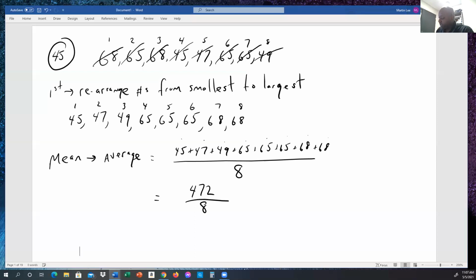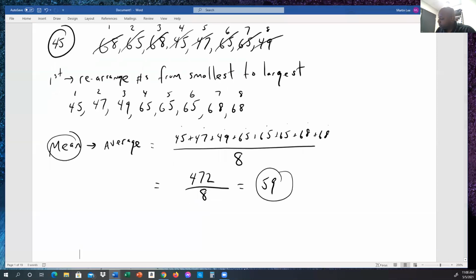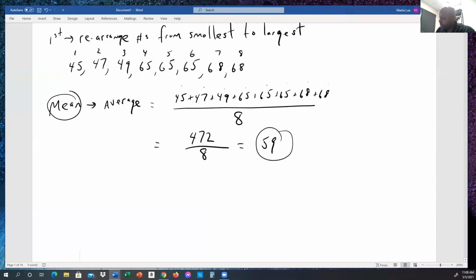Okay, divided by 8, which gives us 59. Okay, so the mean or the average of the numbers is 59. That is the mean.